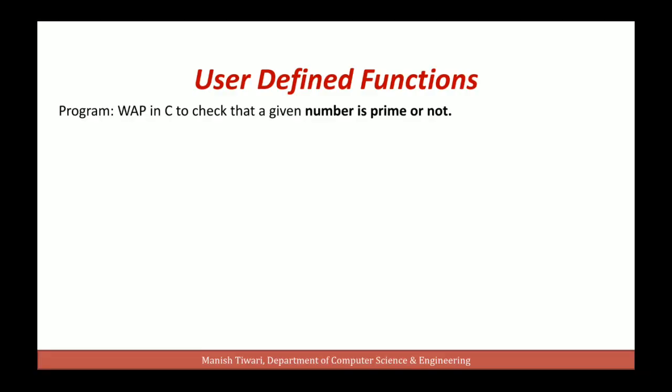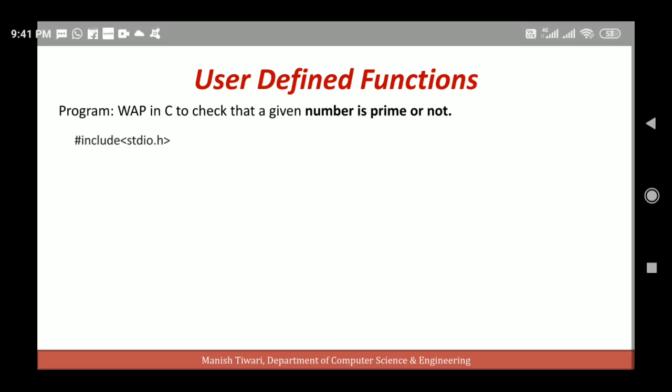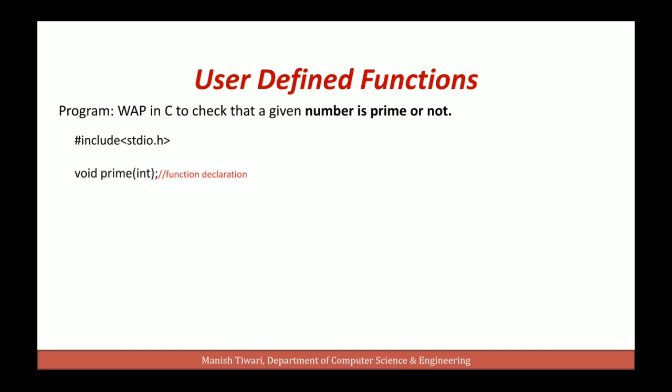Now let's make a program which can check whether the given number is prime or not using a function. So our function will check whether the given number is prime or not. We will pass an integer as input to this function, and it will tell whether the given number is prime or not. So we'll take a function which will take an integer as input and will not give any output.